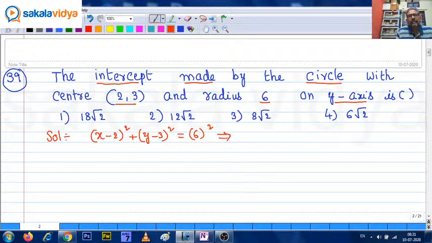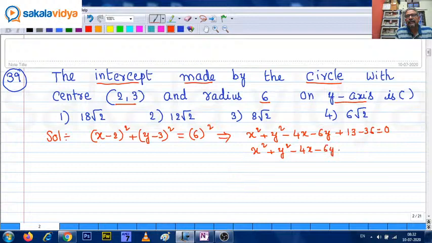This can be simplified: x square plus y square minus 4x minus 6y plus 13 minus 36 equals 0. So x square plus y square minus 4x minus 6y minus 23 equals 0.